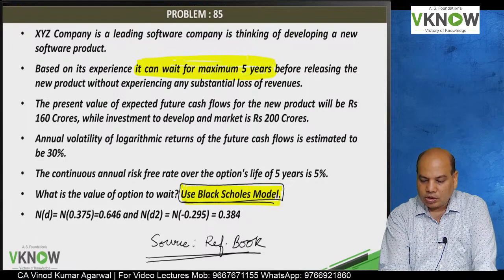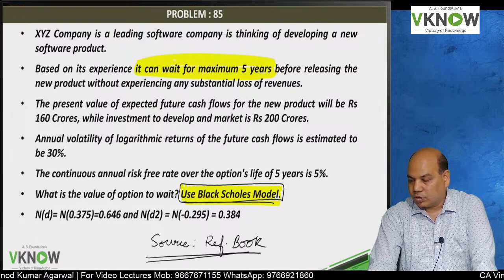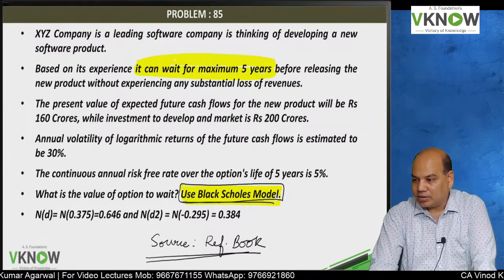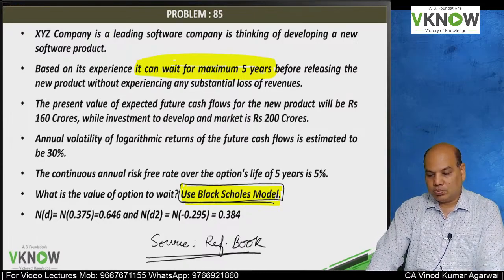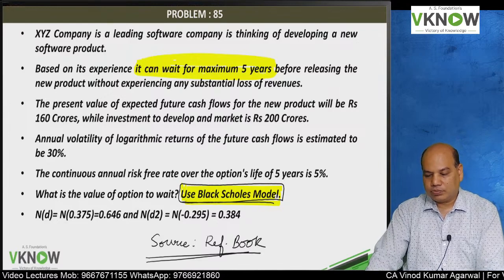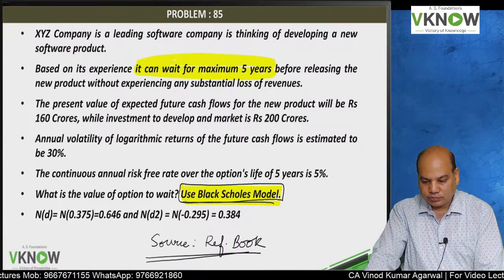So this is like a call option with a 5-year expiry date. Real options have longer expiry dates, 5 years. Before releasing the new product without experiencing any substantial loss of revenue.